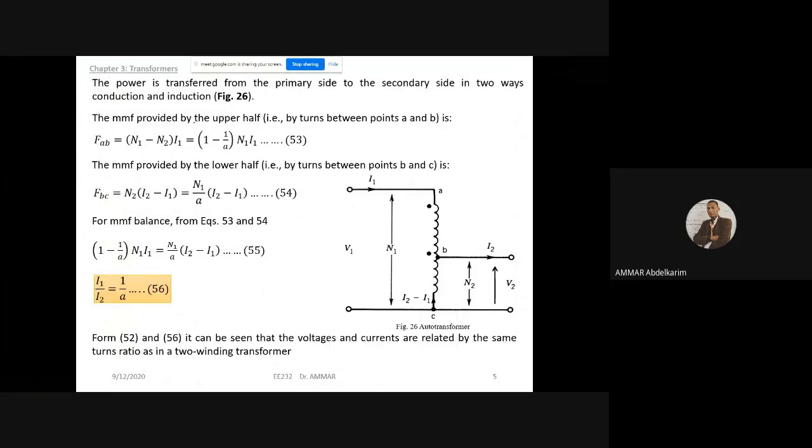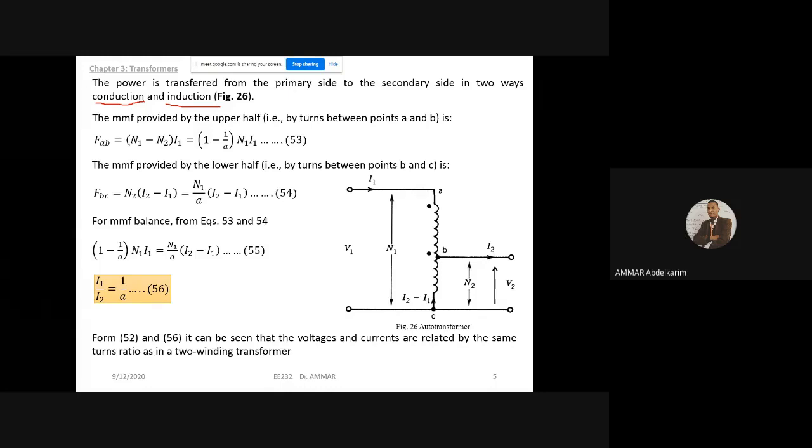It will be transferred by induction according to Faraday's law, and also it will be transferred by conduction because those parts are connected. So the power here is transferred from the primary to the secondary in two ways, by conduction and by induction.